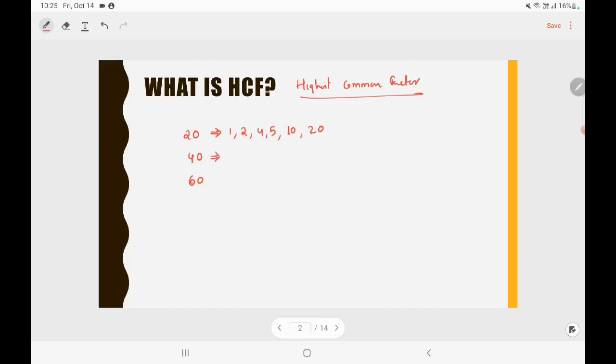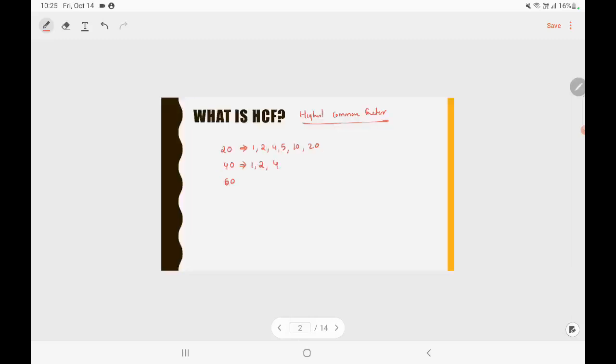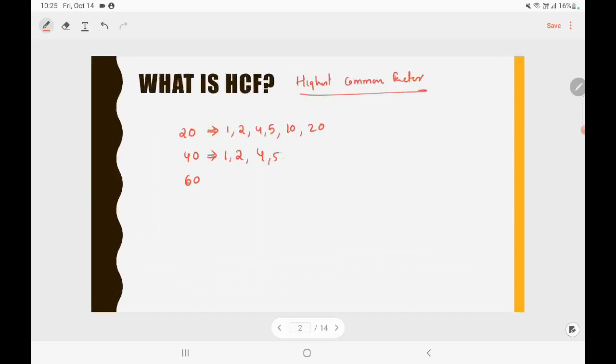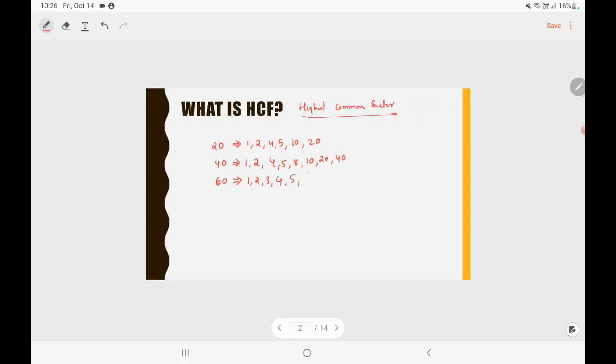Similarly, when we take the case of 40, we have factors 1, 2, 4, 5, then 8, 10, 20 and 40, because 40 is 1 into 40, 2 into 20, etc. Right, now when we look into 60, we have 1, 2, 3, 4, 5, 6, then it will come 10, 12, 15, 20, 30 and 60 as factors.